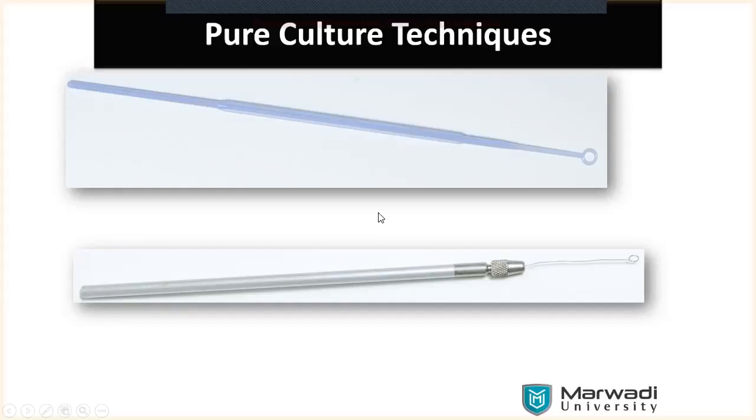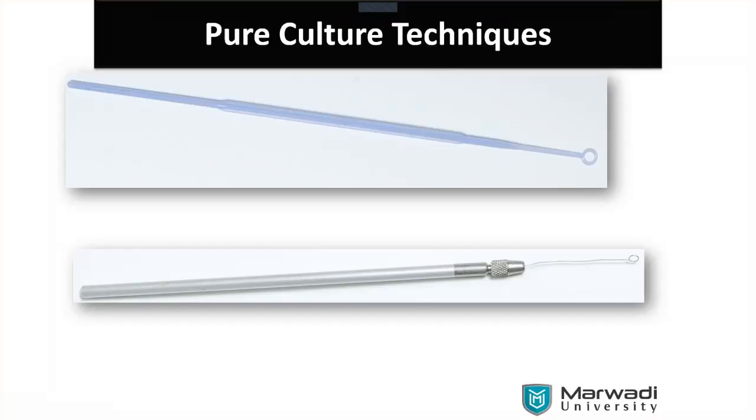Can you see what image this is? In general, it is practiced as a microbiologist. The one below is what you are calling the nichrome wire loop.